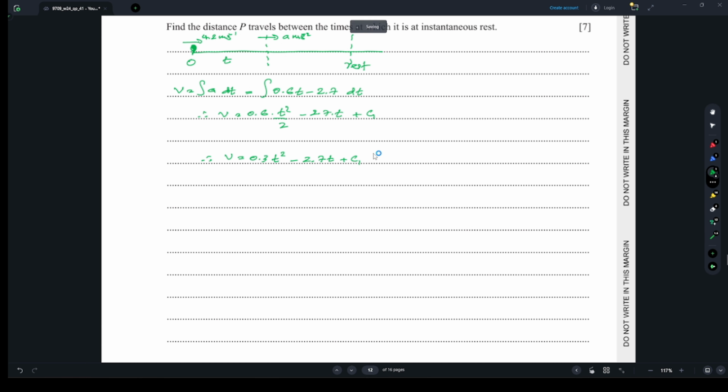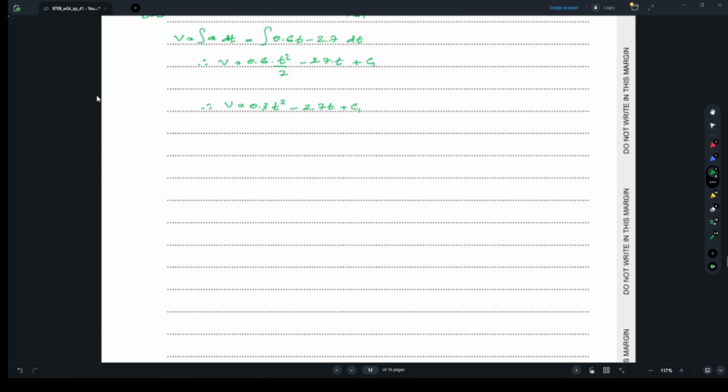We can find c1 by considering point O, because at that point you know exactly what the velocity and the time are. At point O, we consider the time to be 0. At point O, v equals 4.2 and time equals 0.